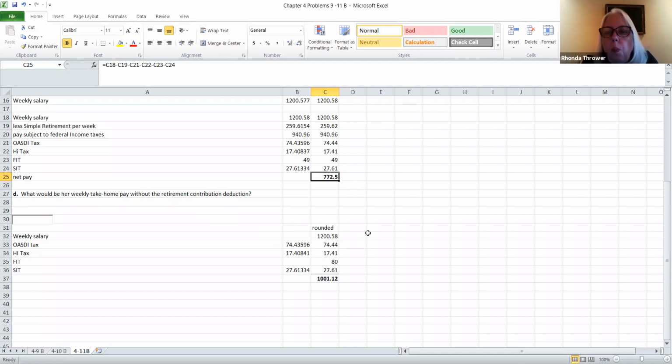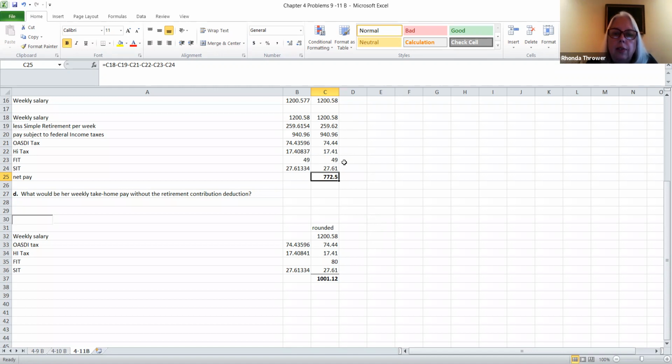So I think the whole purpose of this problem was to show you that if you are able to get your company to give you some retirement, you can have that taken out before your federal income taxes are calculated.